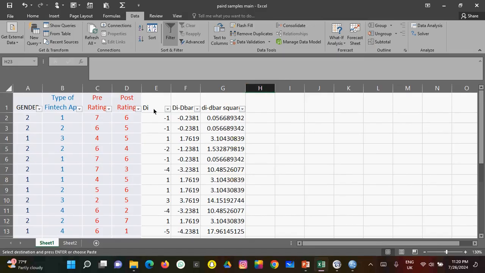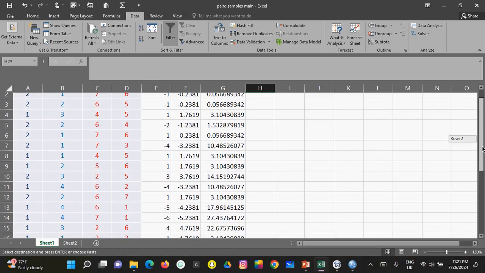I computed the di. The di is basically the post rating minus the pre-rating. So here 6 minus 7 gives us -1. 5 minus 6 gives us -1. 5 minus 4 gives us 1. So that's it. di is equal to the post rating minus the pre-rating.